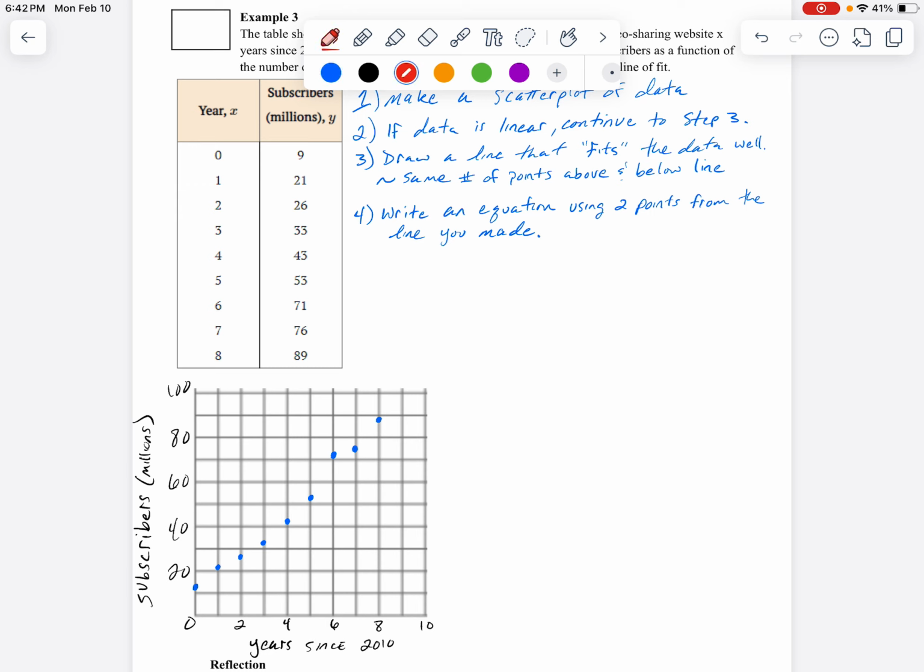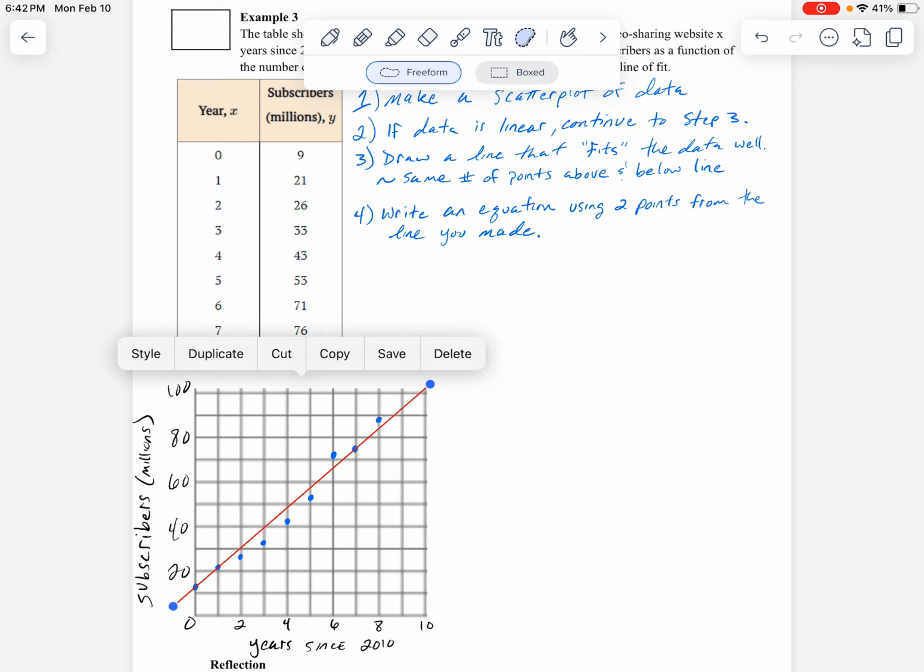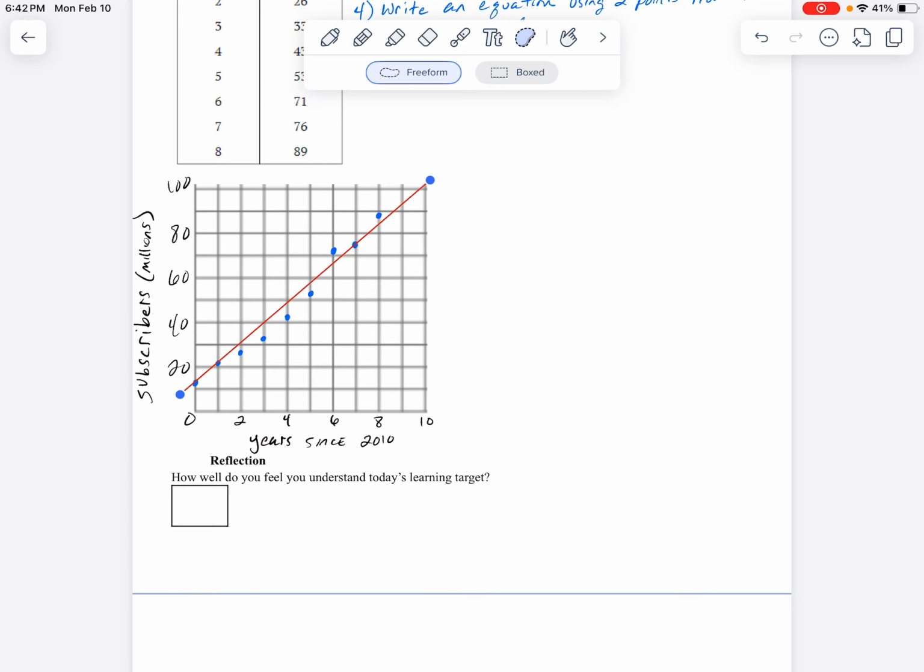So here we go. Let's see if I can draw a line that fits this data pretty well. This isn't bad. I think I'm going to move this just a little bit. There we go. That's pretty good.